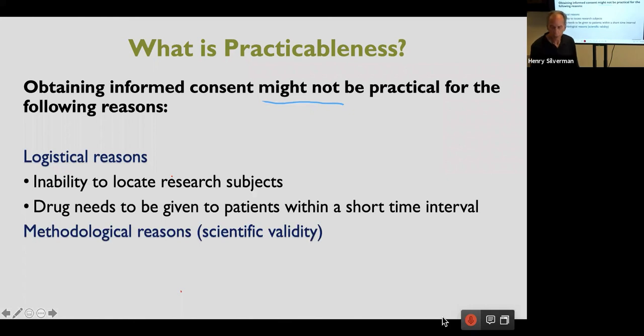Now, another important category is what I call practical reasons. It may not be practical for methodological reasons, meaning that to preserve the scientific integrity of the research, it may not be practical to get informed consent from everyone.